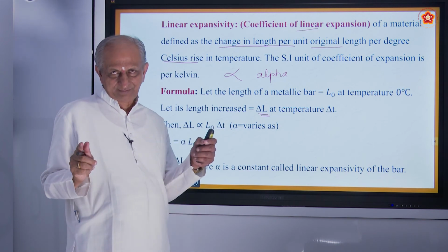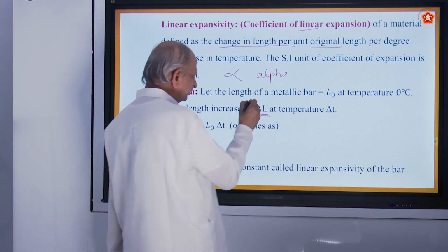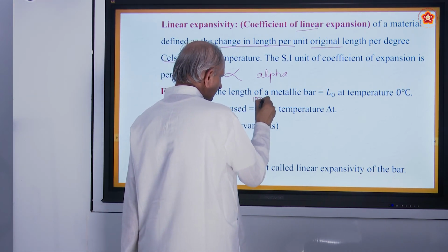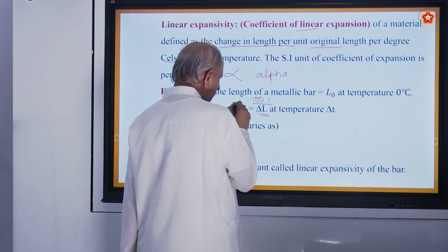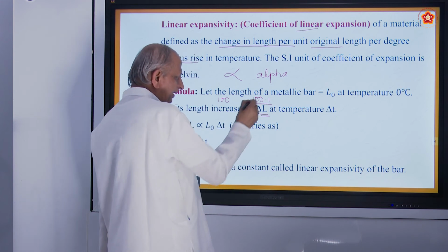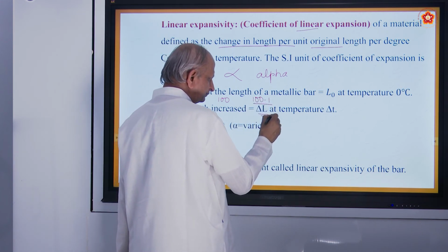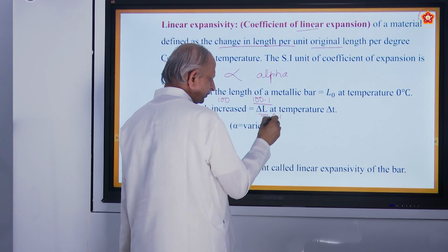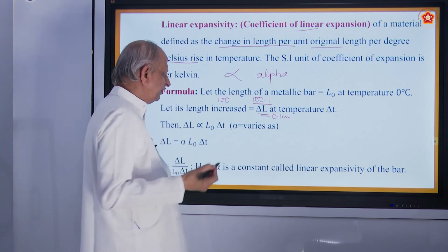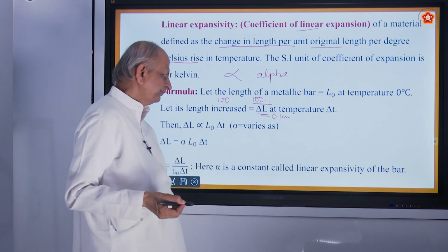Suppose a 1 meter rod is there, if it is heated, it may change to say 100.1. Then that 0.1, it was 100 centimeters to start with, became 100.1. Here this 0.1 is called delta L. It may be in centimeters or meters also. Actually the SI unit is meter.